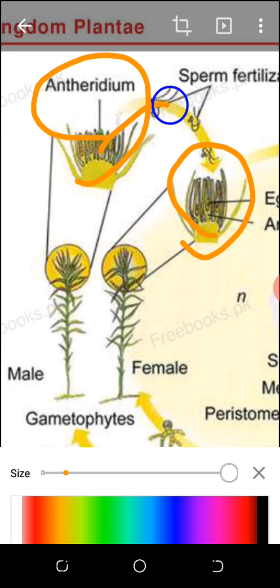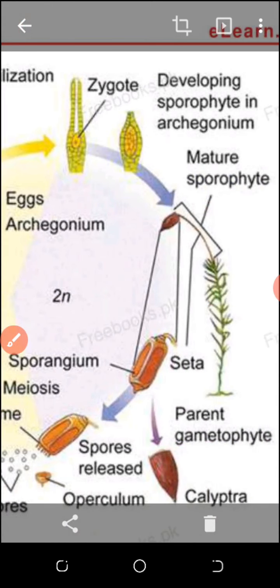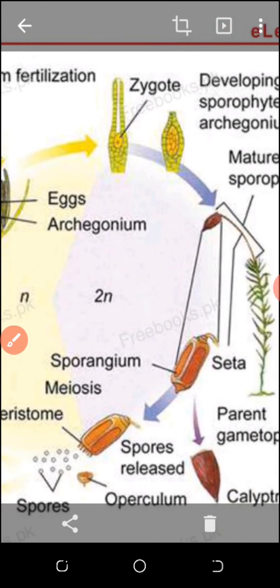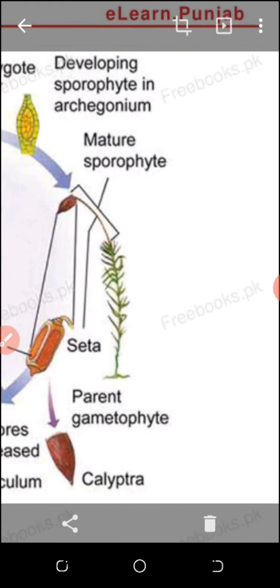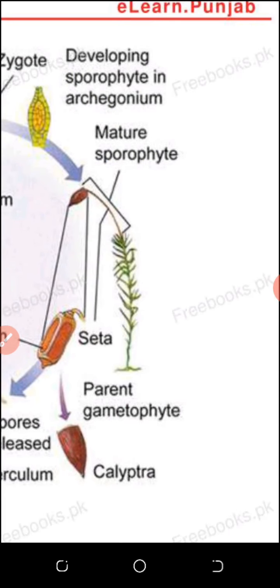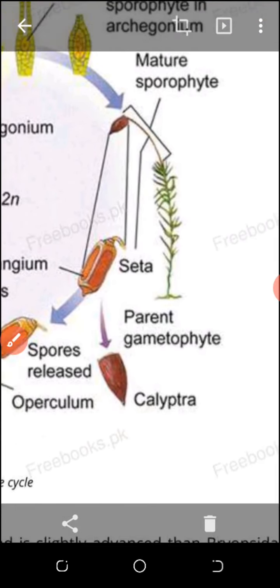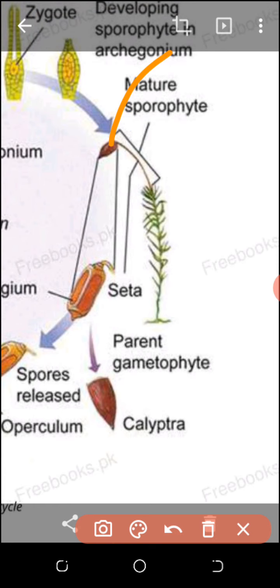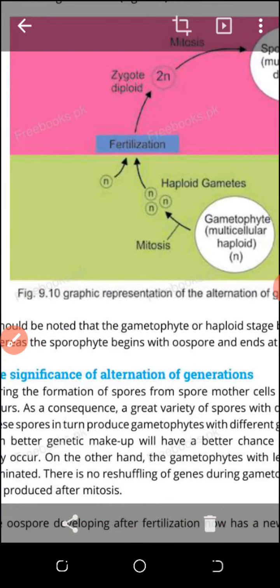Sperms will move from antheridium to archegonium, and what will happen? The zygote will form, and that zygote will develop into the sporophyte plant, which is the capsule. I will label once again, capsule. Sorry, this is the capsule, seta, and foot, dependent upon the female gametophyte. This is the simplest life cycle of the Bryophyta.